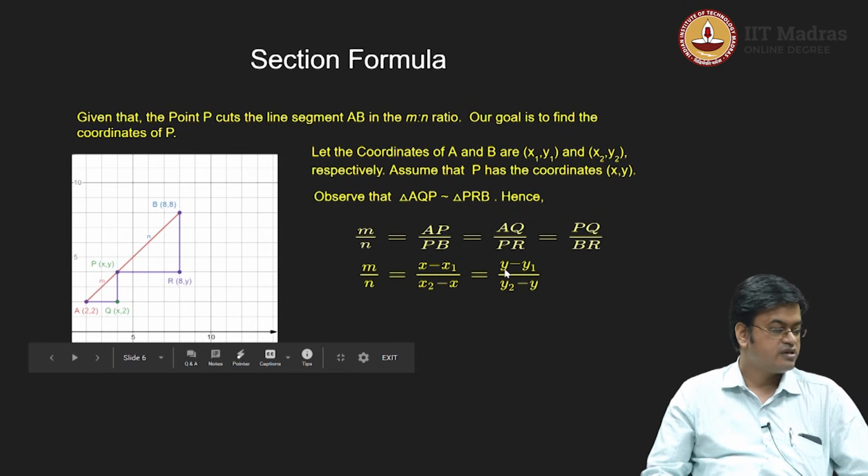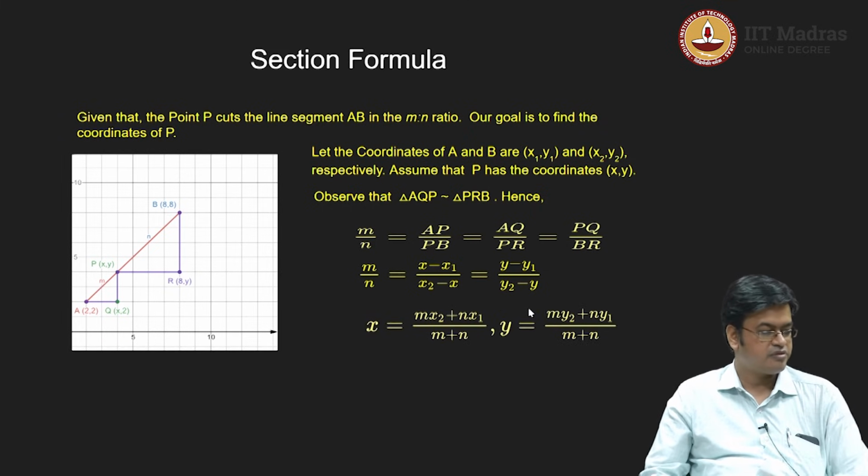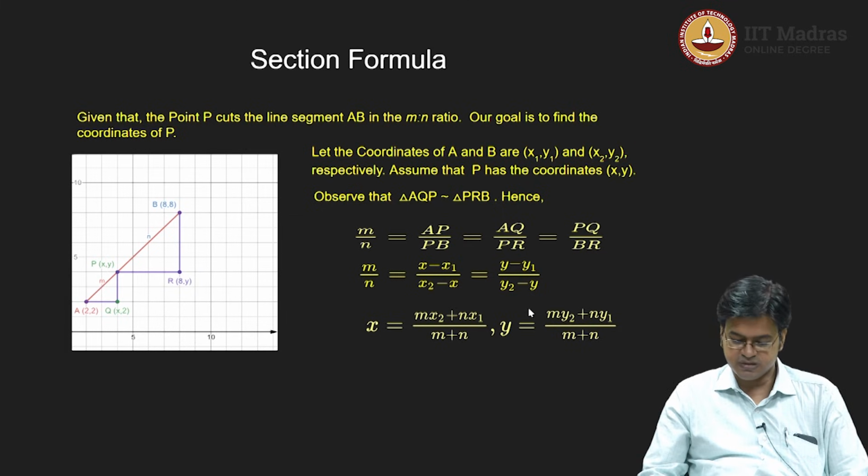In a similar manner, take m by n equal to the y coordinates ratio, cross multiply and rearrange, and you will get the following values: x is equal to m times x2 plus n times x1 upon m plus n, and similarly y is equal to m times y2 plus n times y1 upon m plus n. This gives me the section formula when a point divides the line in the ratio m is to n.